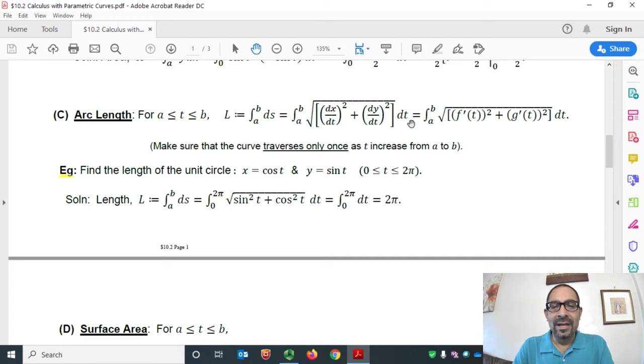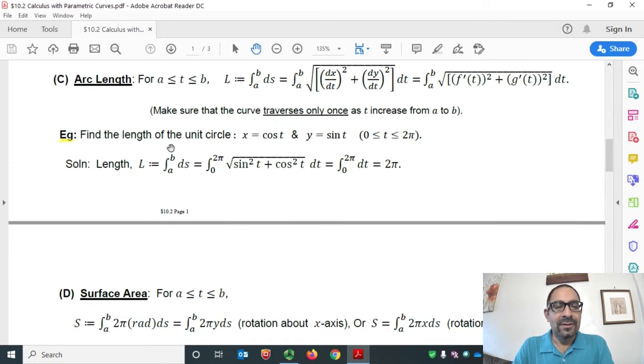Then this can be written as the definite integral from a to b of the radical of f prime(t) squared plus g prime(t) squared dt. Awesome. That makes sure that the curve traverses only once as t increases from a to b.